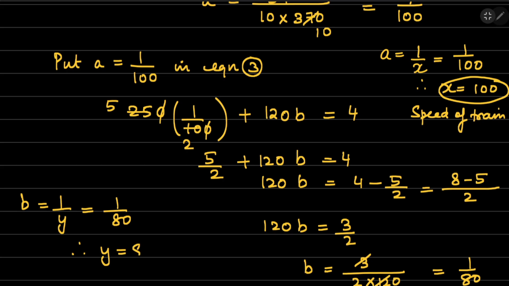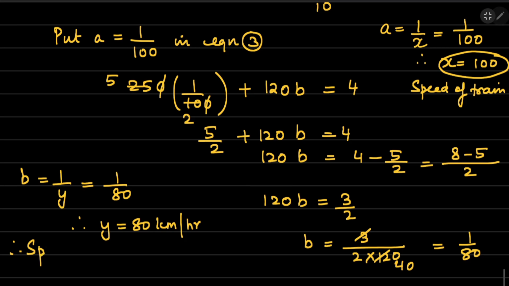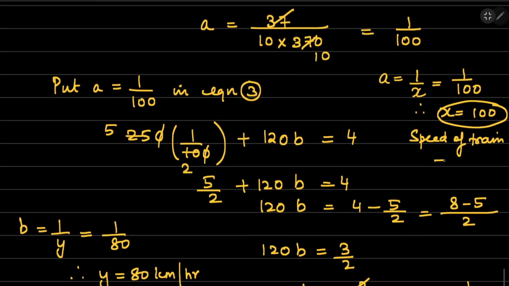Therefore, y is 80 kilometer per hour because it's the speed. So you can write, therefore, the speed of the car is equal to 80 kilometer per hour and the speed of the train is equal to 100 kilometer per hour. And that's your answer.